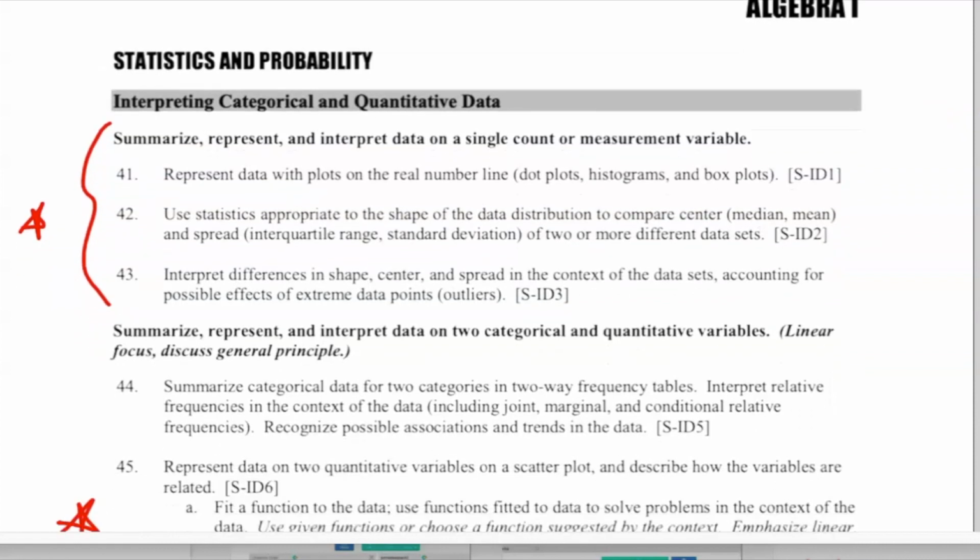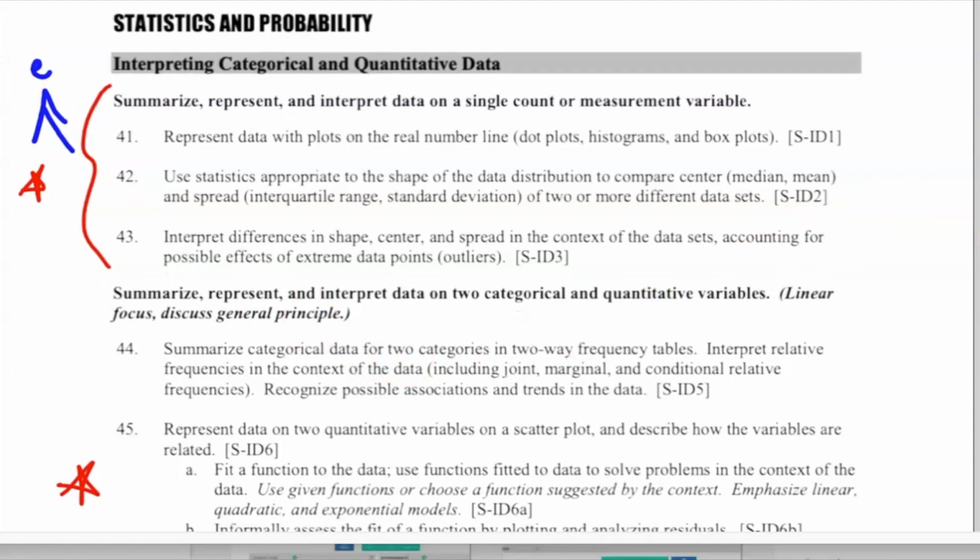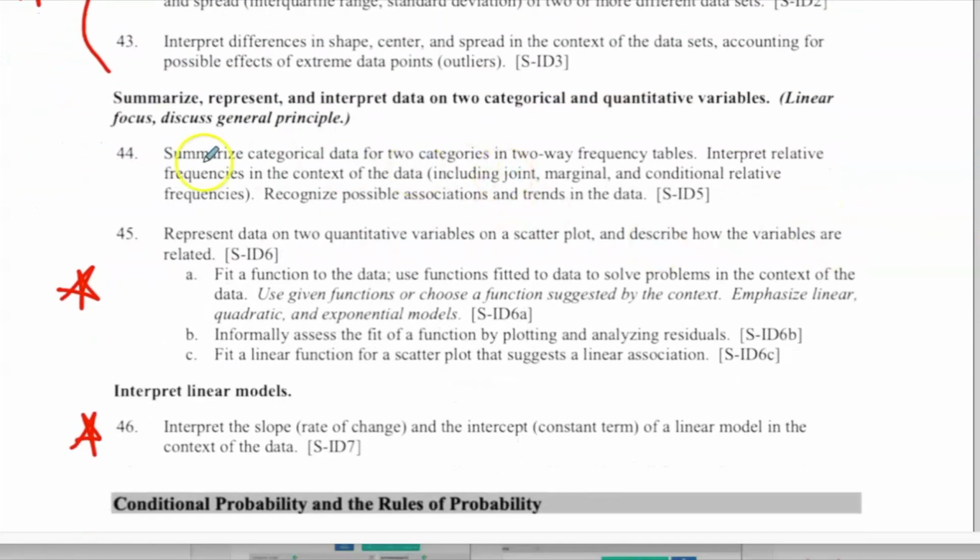And then the statistics and probability, there were a lot of major changes. So one thing, 41, 42, and 43, those all went to geometry. Standard 44 got expanded on, so we take a deeper dive into two categorical variables in our new course of study.